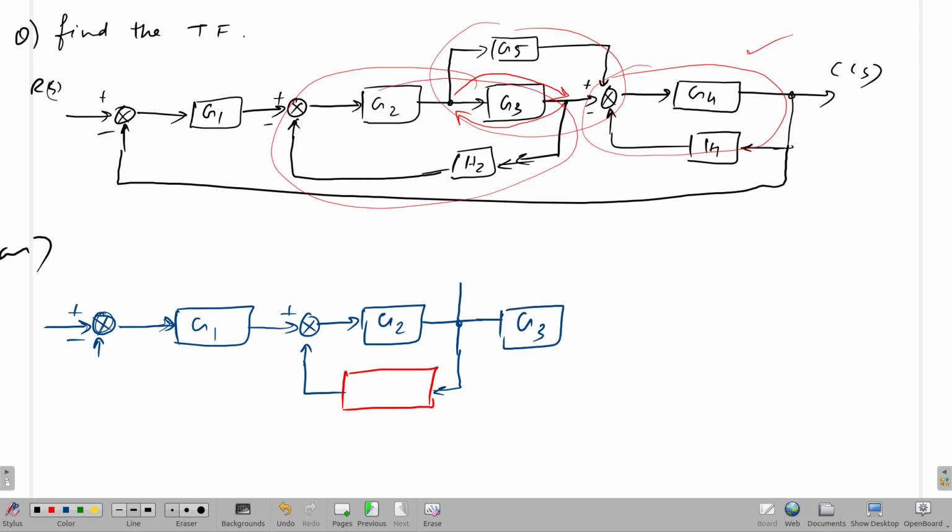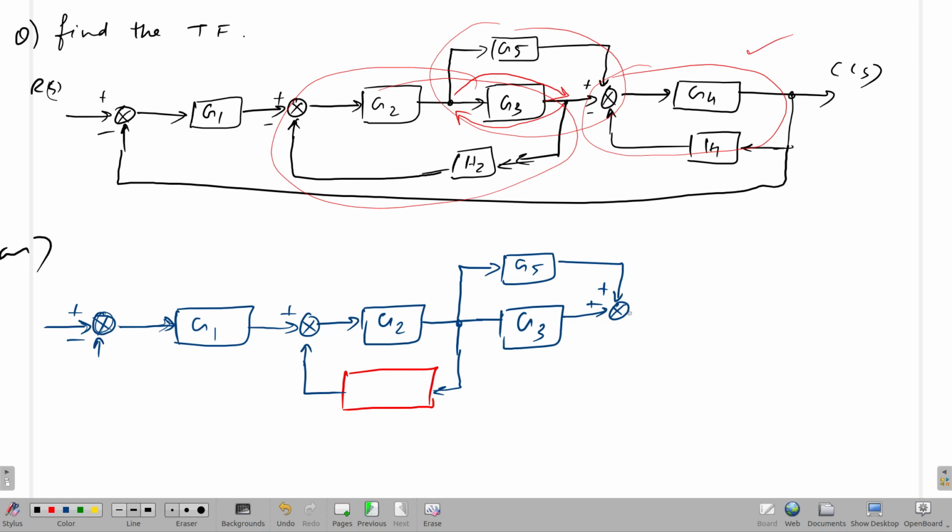So will this summing block have any change? No, right? Because you are just shifting this one, you are not changing here. So only the changed blocks will have any difference. So your plus, plus, then you have your feedback here.